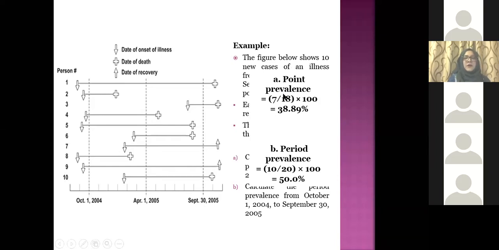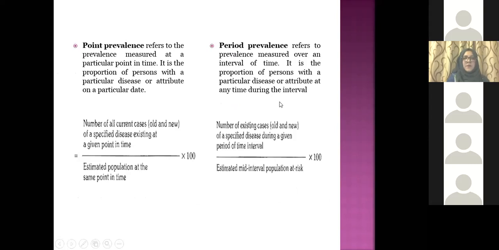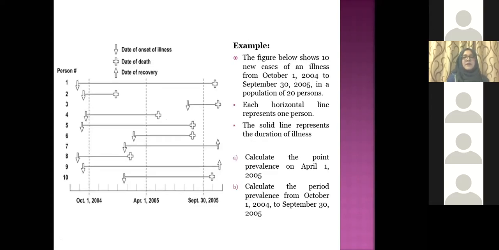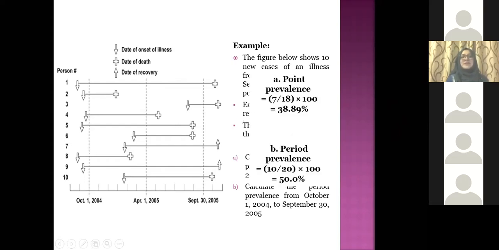In the formula, you have to take the estimated population at the same point in time and the number of current cases. From April 1, you have 7 current cases. You divide it by the population, but you will not take 20 as your denominator, you will take 18, since 2 of them have already died before they reach April 1st.